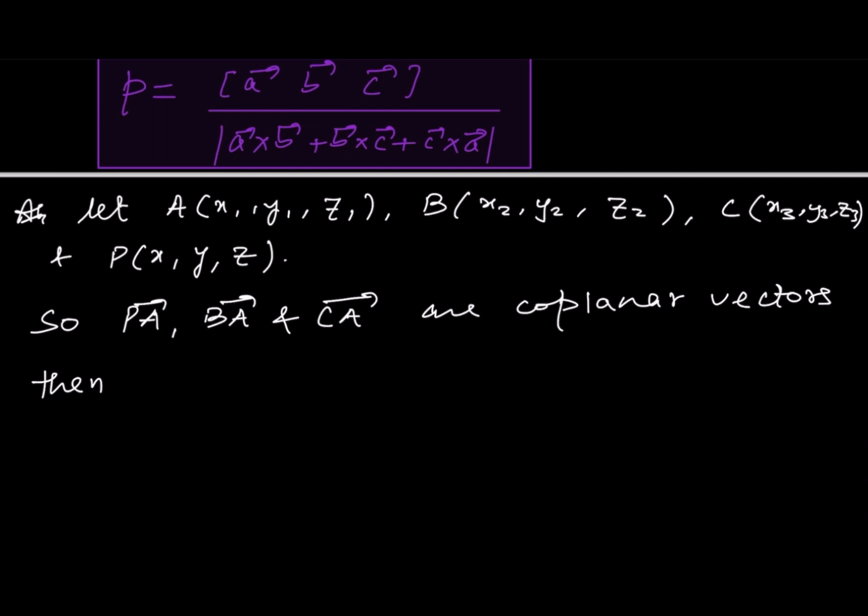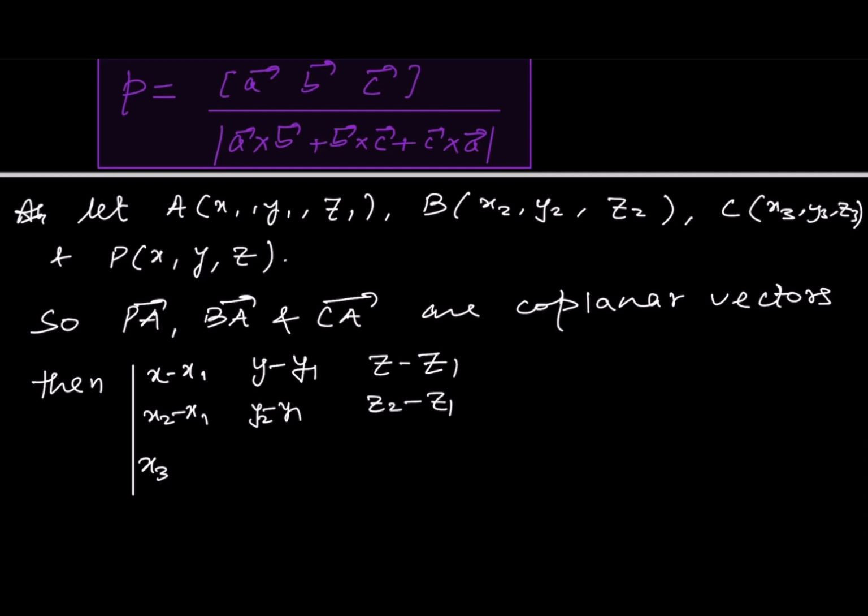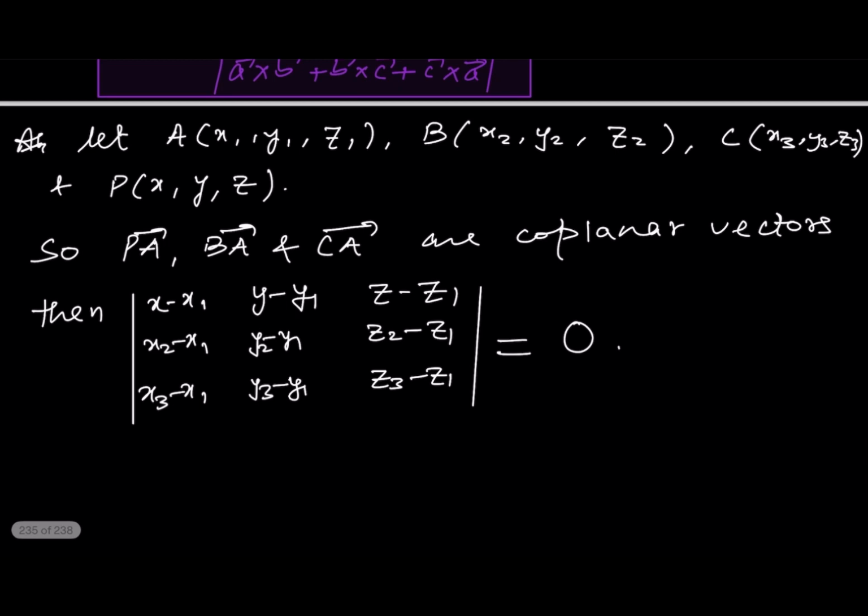So the determinant of x minus x1, y minus y1, z minus z1; x2 minus x1, y2 minus y1, z2 minus z1; x3 minus x1, y3 minus y1 and z3 minus z1 will be 0. As simple as that. This is the only theory for this case.